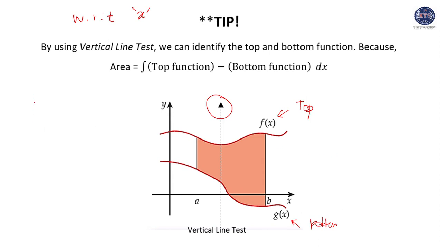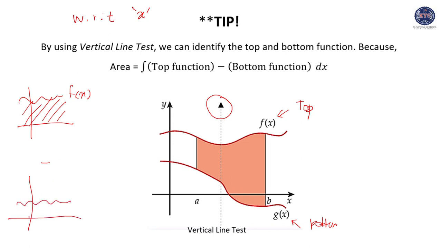Actually, konsep dia, let's say I just sketch the graph of f(x). If I want to know the area, I will integrate or find the area below f(x). So minus the integral of the bottom function g(x).